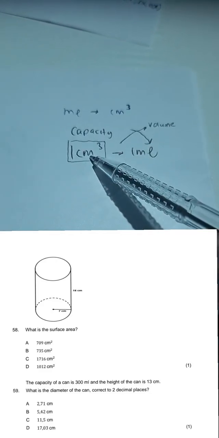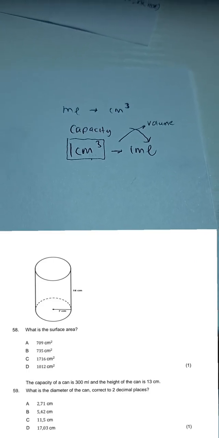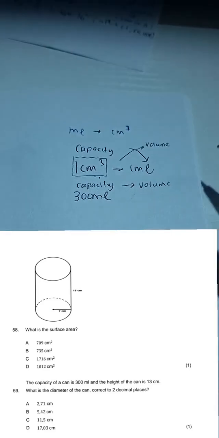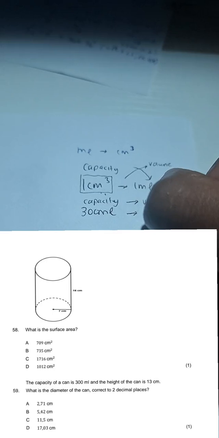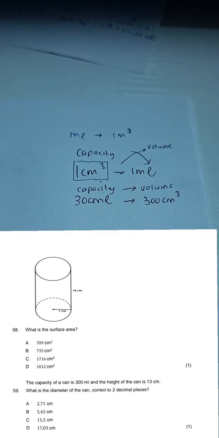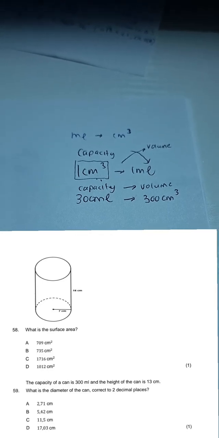If we want to convert milliliters to centimeters cubed, guys, 1 milliliter is equal to 1 centimeter cubed. So if we ask, what is the capacity of 300 milliliters, then 300 milliliters is equal to 300 centimeters cubed. I hope we are good there.